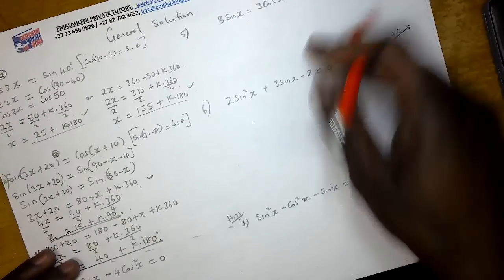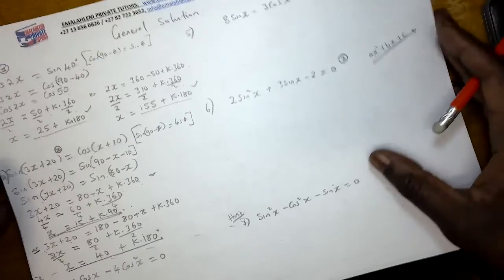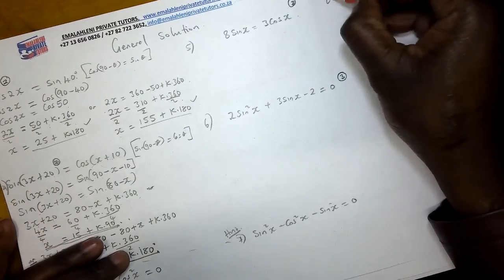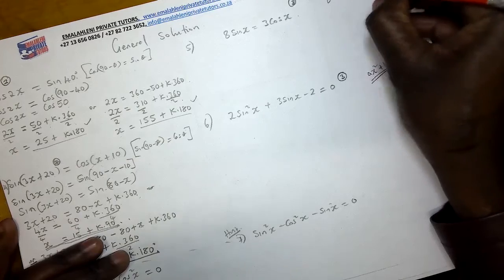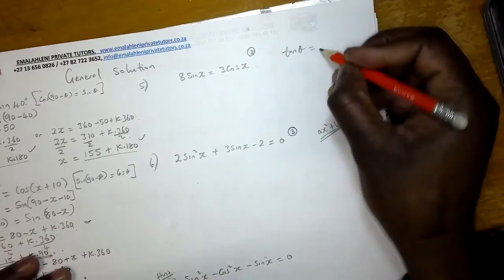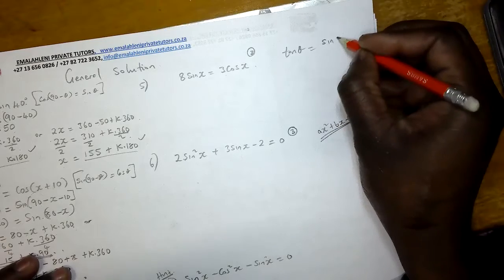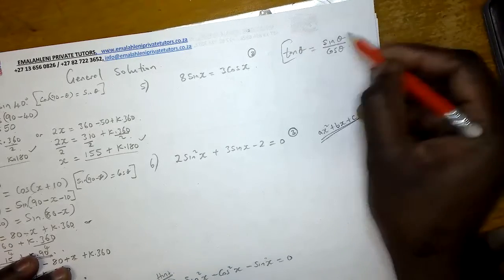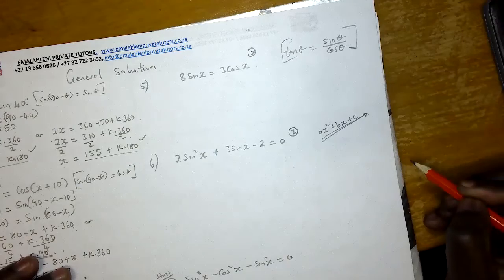Then let's move on to where we are applying identities. Which identity are we going to apply? Tan theta is equal to sine theta over cos theta. This is the identity that we're going to deal with. Okay, now what do we do here?